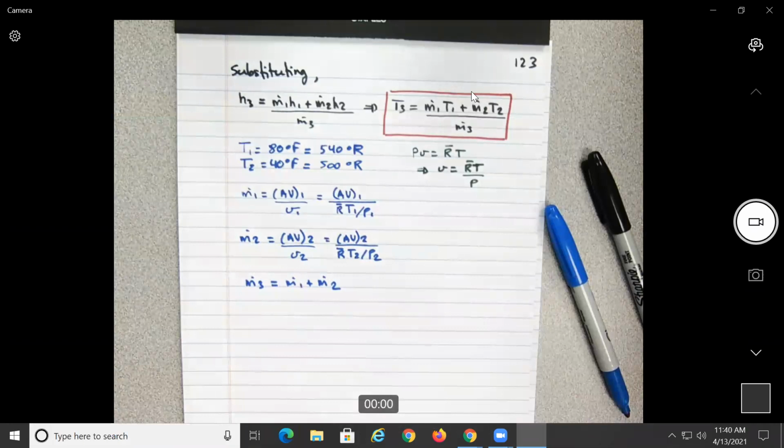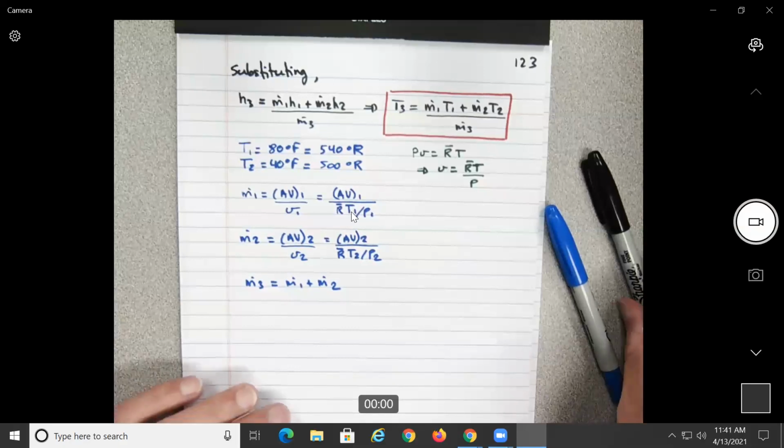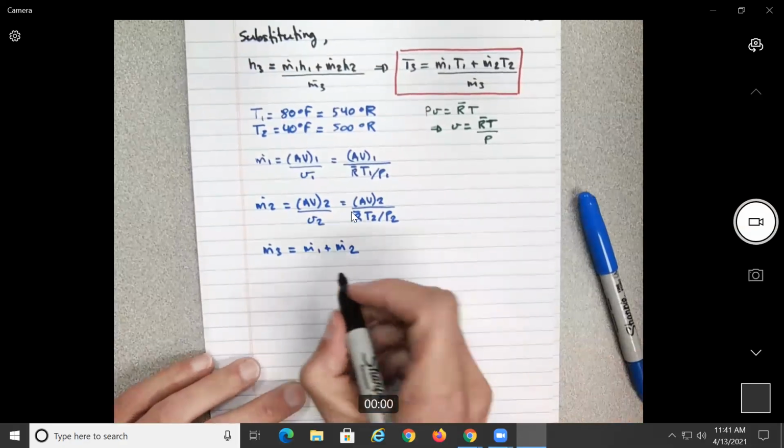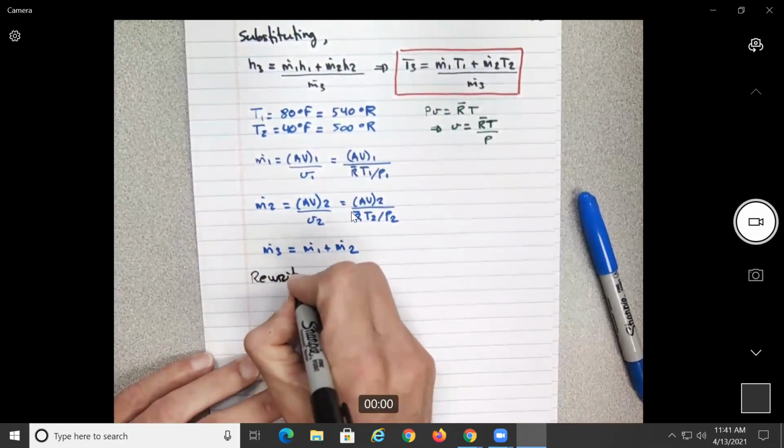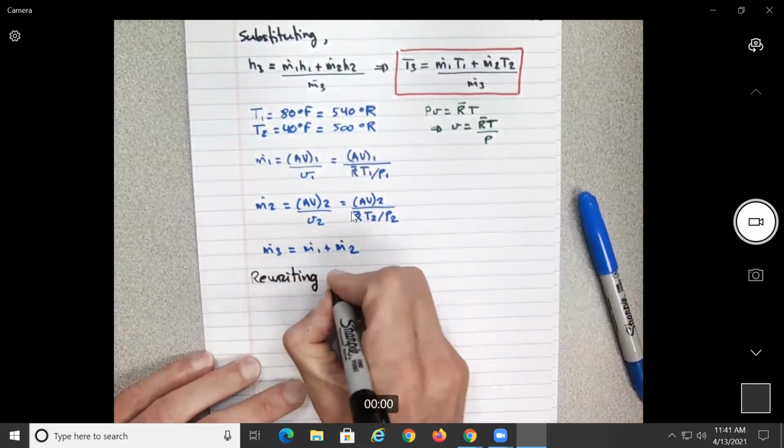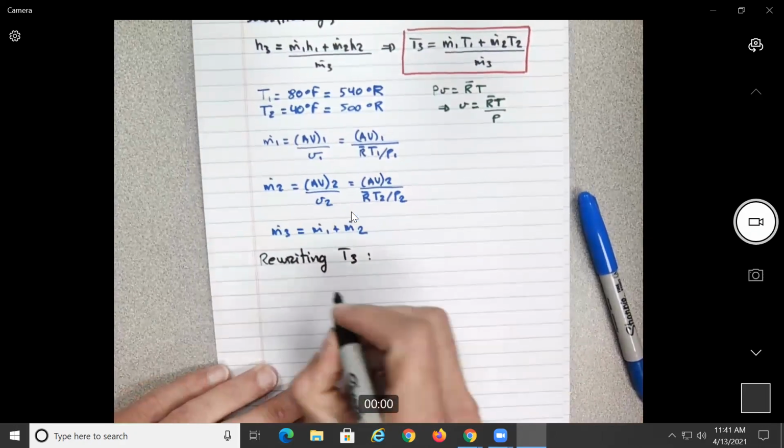So, let's substitute, but you see what I mean here about the V1? Once you substitute, it looks like the T is going to cancel out, no? So let's rewrite.